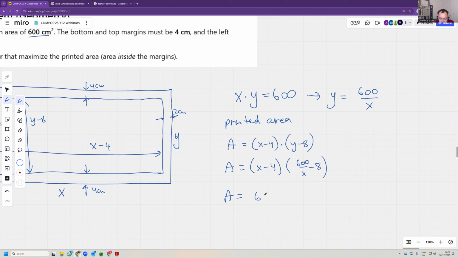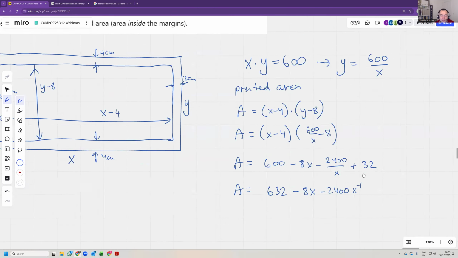A is equal to 600 minus 8x minus 2,400 over x plus 4 times 8, 32. Okay, so printed area is 632 minus 8x minus 2,400 x to the power minus 1.